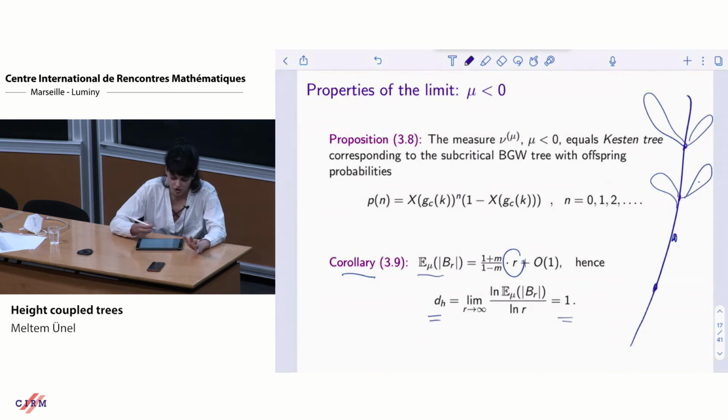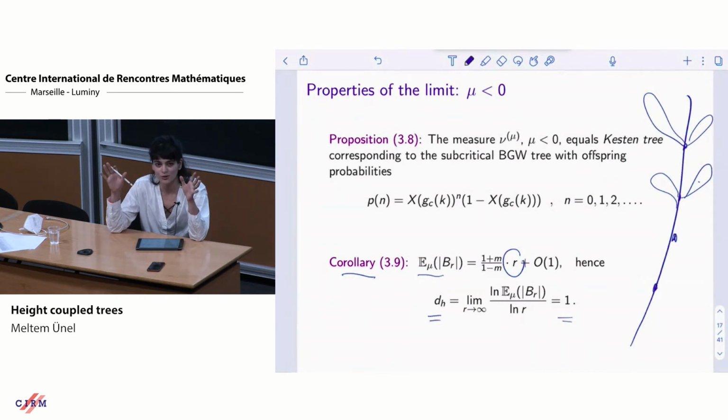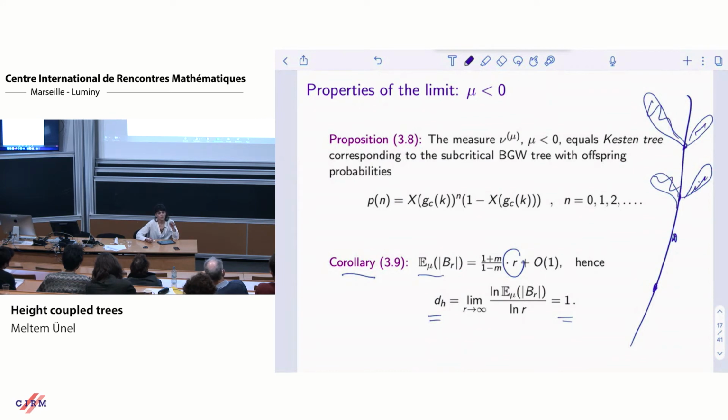And just to be complete again, we know that the Hausdorff dimension of the uniform infinite planar tree is equal to 2, and the difference from the case in hand is that in that case, these independent branches are critical. So if the independent branches are subcritical, I have Hausdorff dimension equal to 1. If critical, I have Hausdorff dimension equal to 2. And actually this result is also true almost surely, which is already known for the Kesten tree.